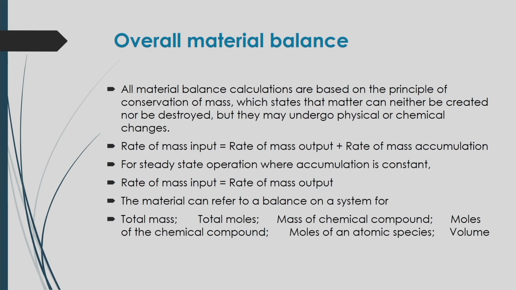As per those principles of material balance, we have done the overall material balance, and this overall material balance can be done for the whole process if you are considering one single unit and the other unit separately. So for those cases you have to do the material balance. You can do overall material balance, and also you can do the material balance for a single unit or individual unit separately. Now in this case data assumptions are given.